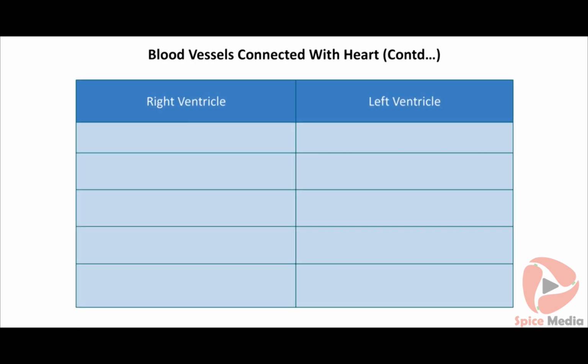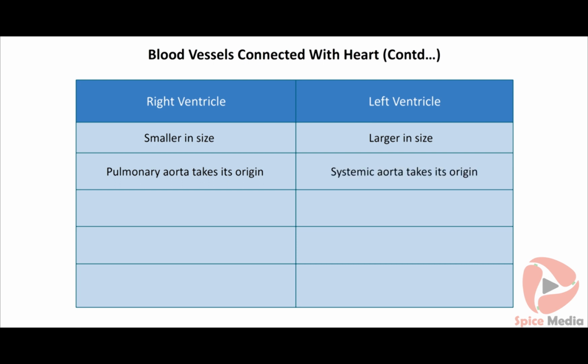Differences between right ventricle and left ventricle. The right ventricle is smaller in size than the left ventricle. The pulmonary aorta takes its origin from the right ventricle. The systemic aorta takes its origin from the left ventricle.